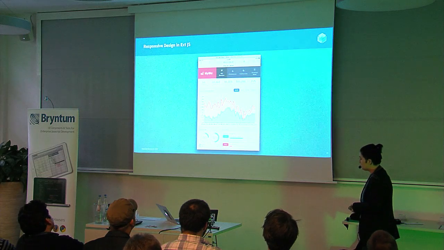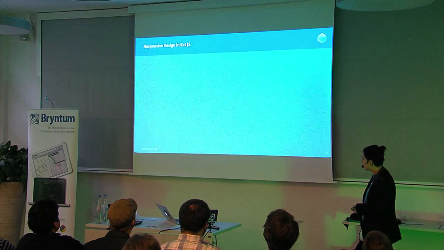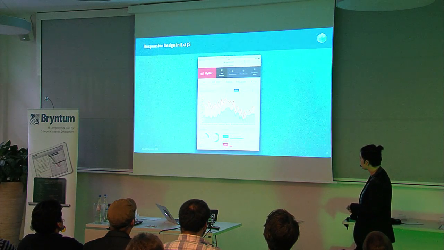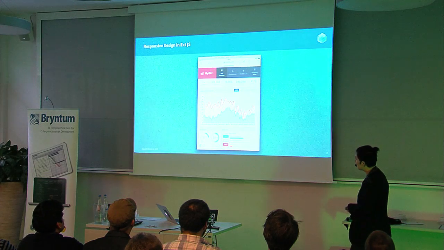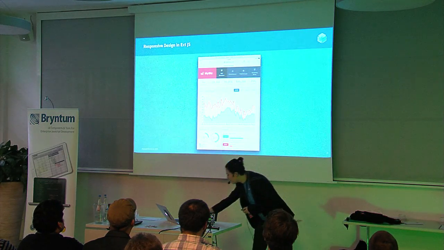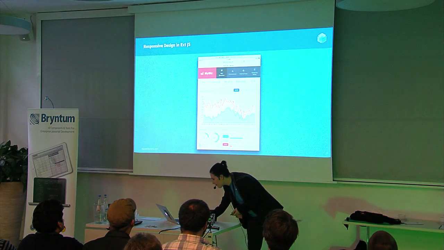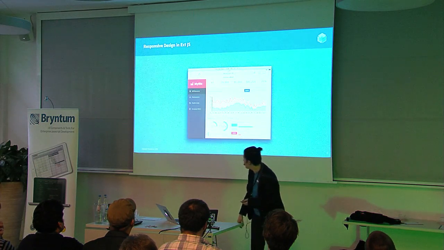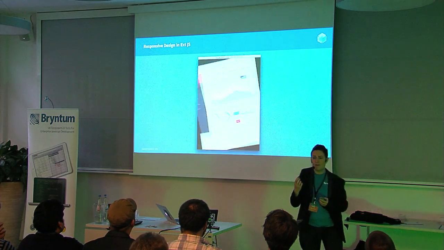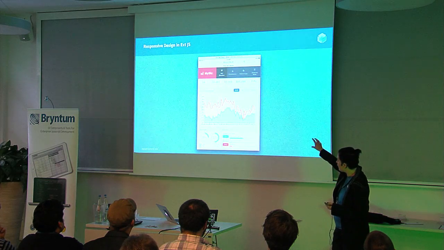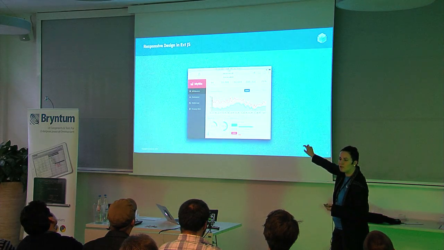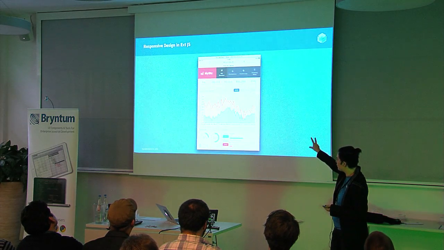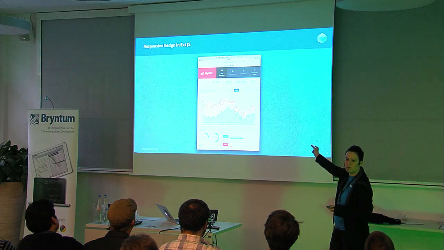Here you see a little video of that, I think. Here they opened it in the iPhone simulator. And you see that the menu is docked to the left in landscape mode, and it's docked to the top in portrait mode.